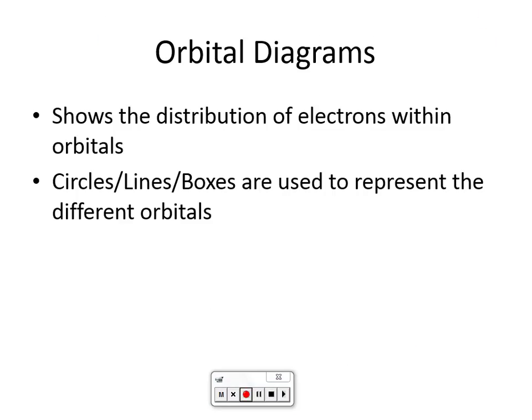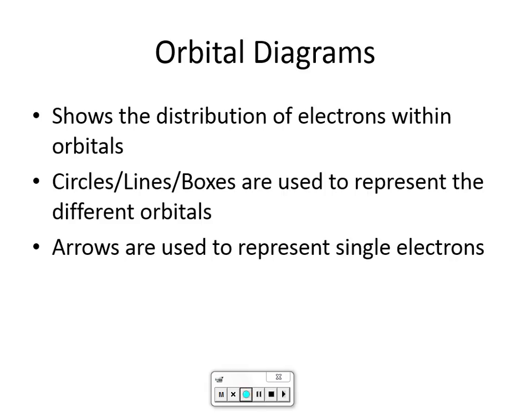We use either circles or lines or boxes to represent the different orbitals. Different books, different publishers use different representations, but we'll use one of these three things to represent the actual orbitals, and then we will use arrows to represent electrons.